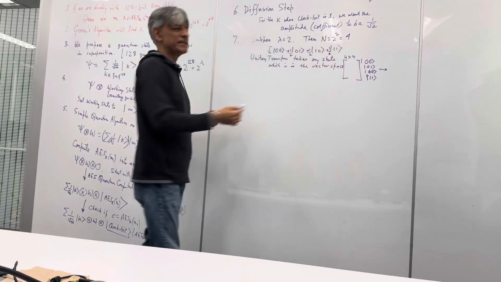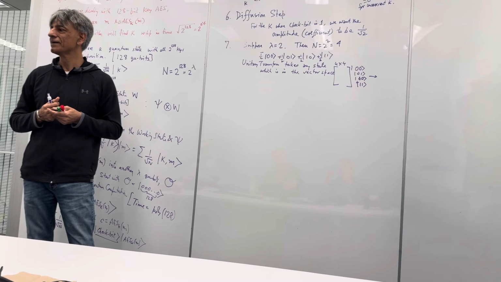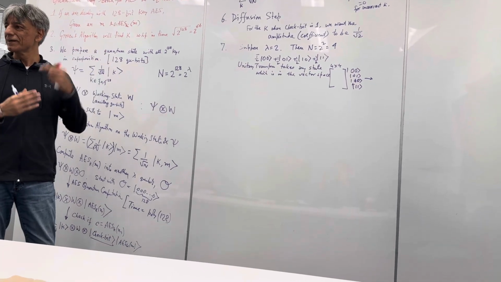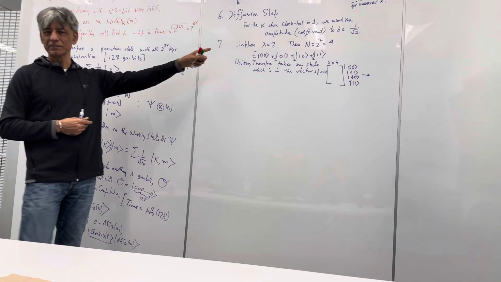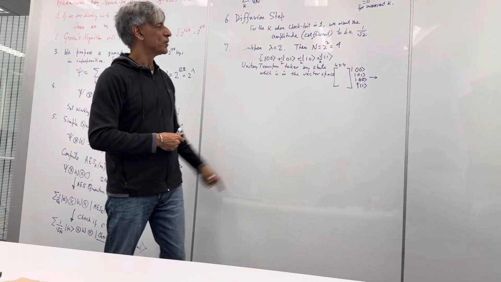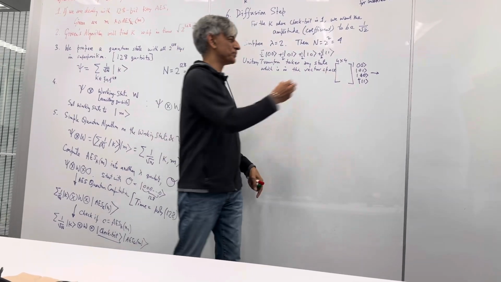So the probability is 1/4, the square of that. Normally it's 1 by root 2 when there are only two things; here it is 1 by 2 in each. So the total density will be the sum of four terms of 1/4. But anyway, the main point is that this is the unitary transform.